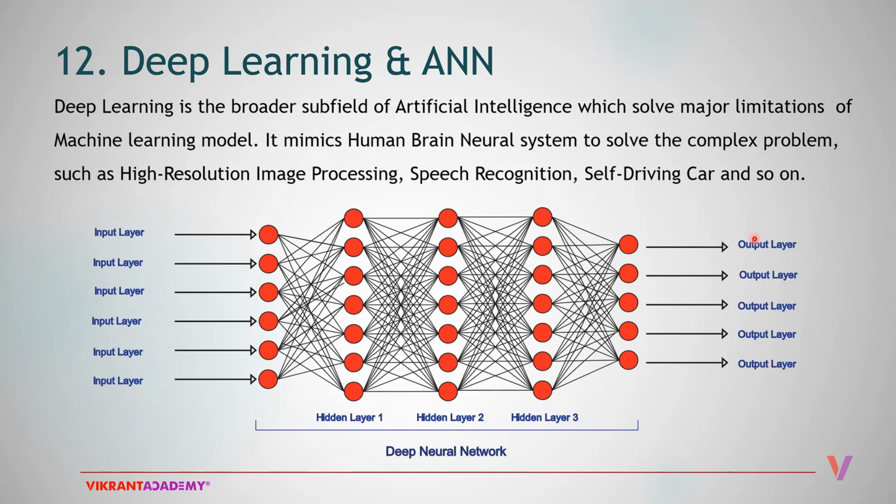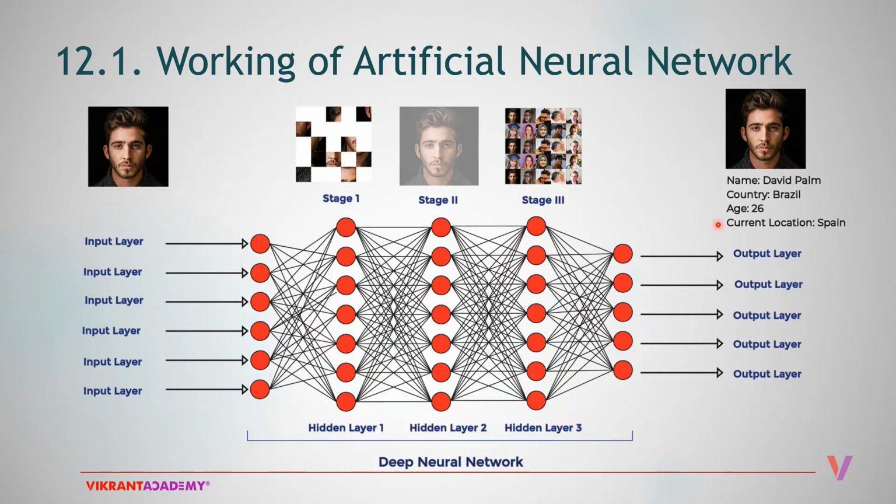This is how we get the output and recognize the images. So for example, let's take an example of the working of an ANN, an artificial image system. We have numerous images that we have given to our system, and from there it recognizes which images to select from those given to the program, to the artificial intelligence.